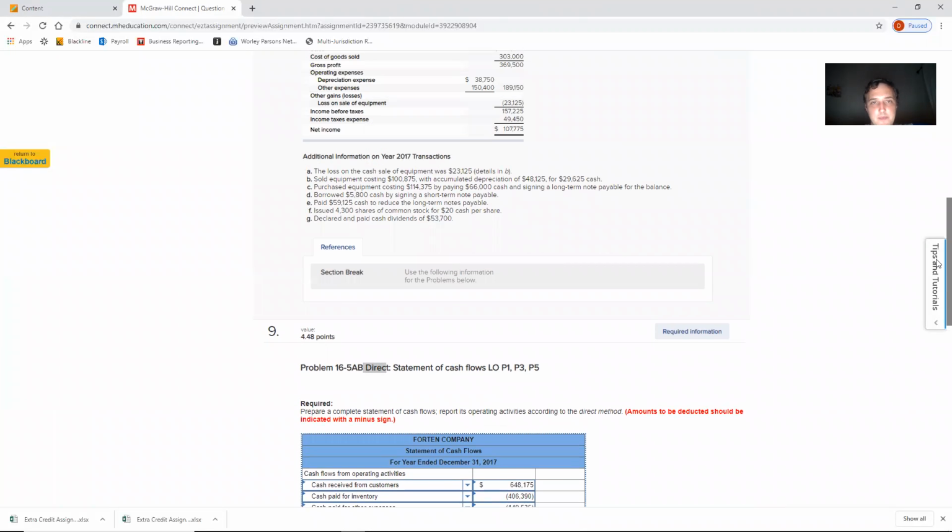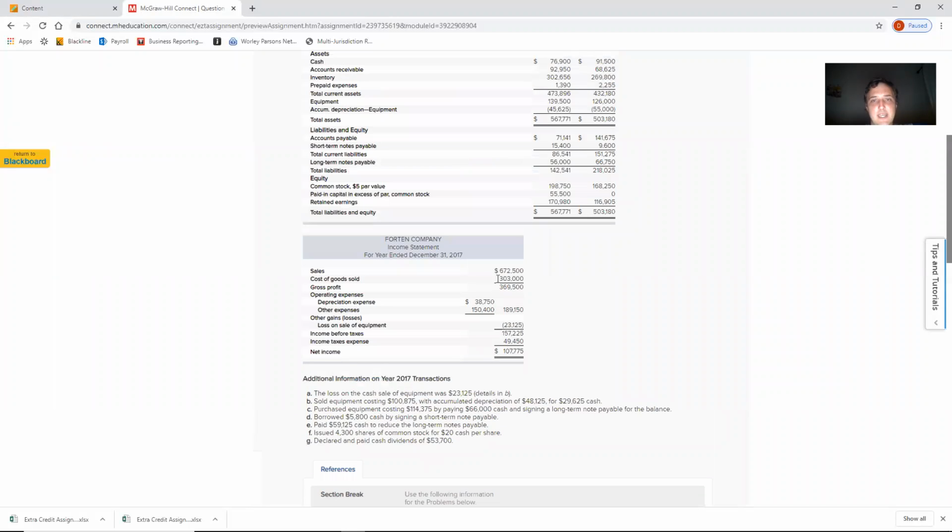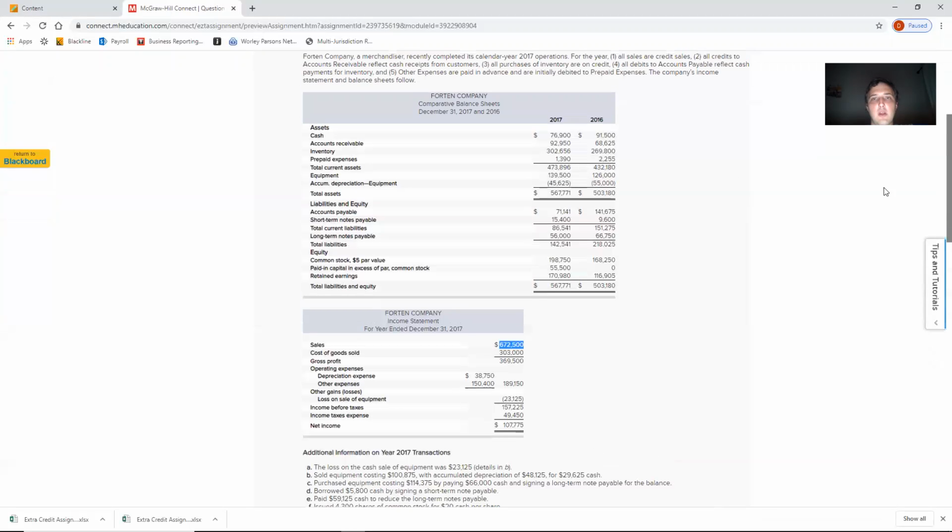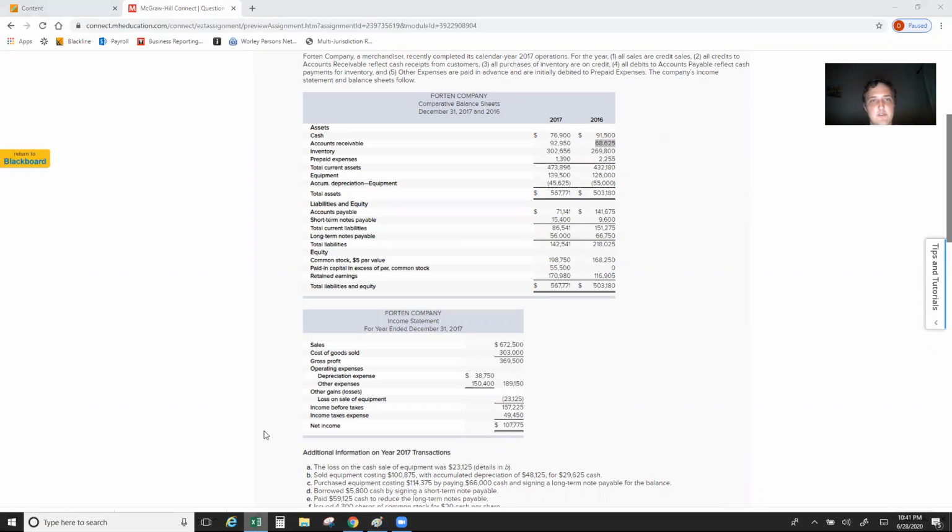We know we had 672,000 in sales, and we also have the change in accounts receivable.